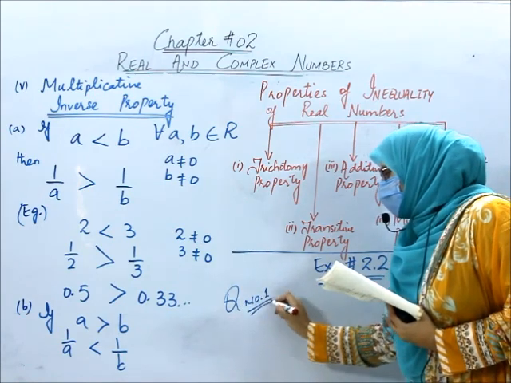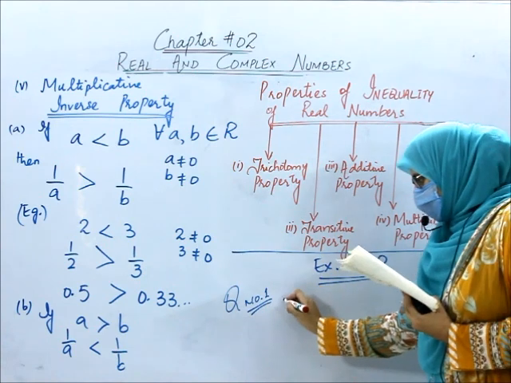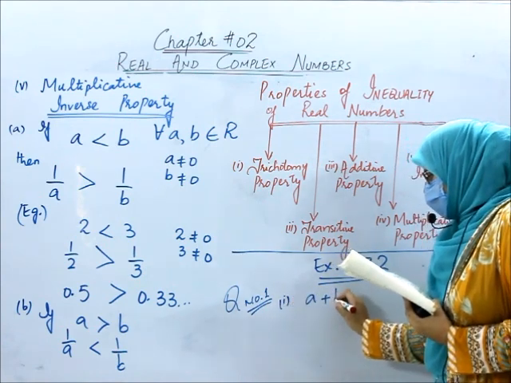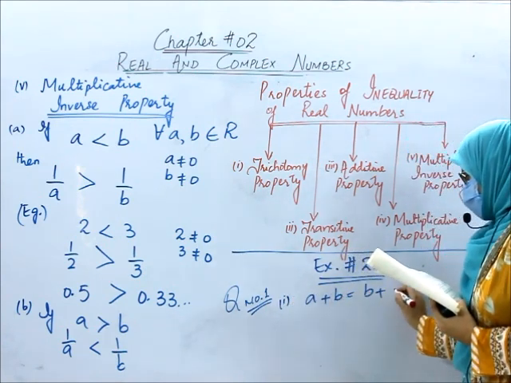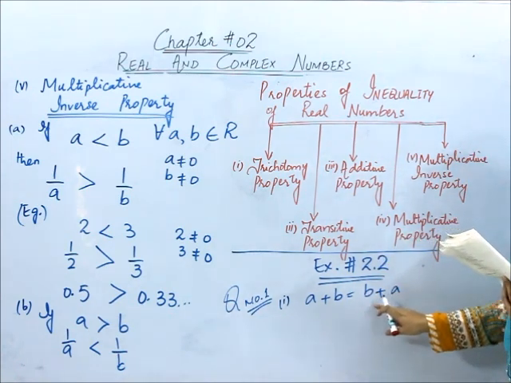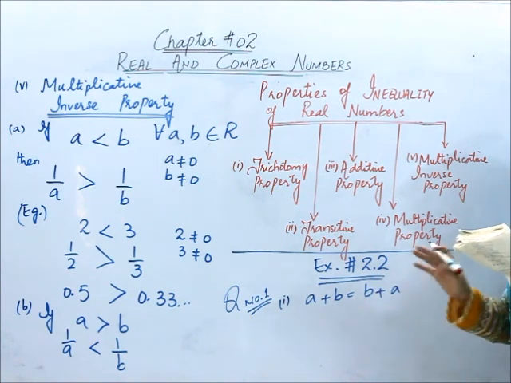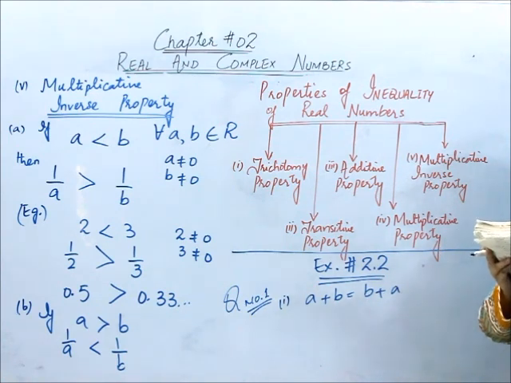Now what you have to do is, you will write down or identify the properties given in the question. First property is A plus B equals B plus A. Which property is this? This is the commutative property with respect to addition, that order does not matter in addition. Similarly, you will go for the other properties.